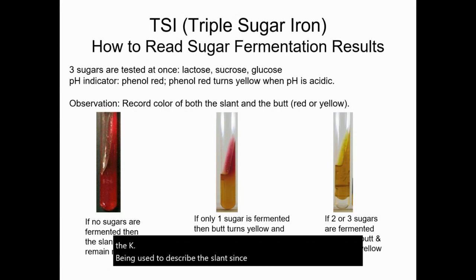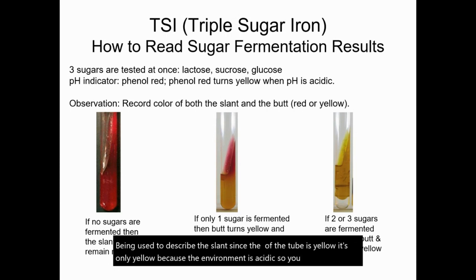Since the butt of the tube is yellow, it's only yellow because the environment is acidic. So you report that as A. Okay, so the slant is red, so you write that as K. The butt is yellow because it's acidic, so you report that as A. So K over A.